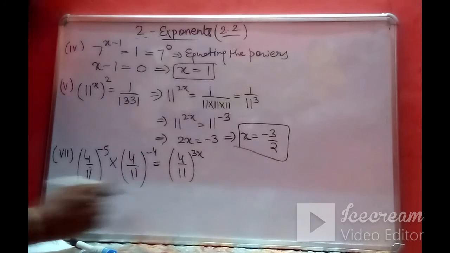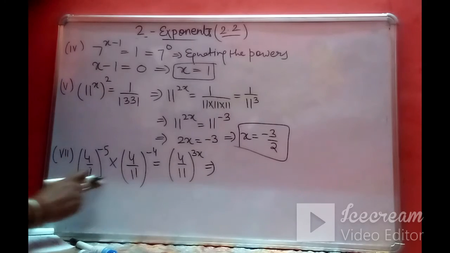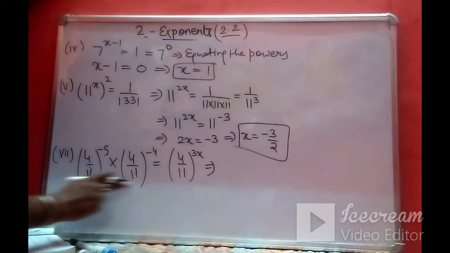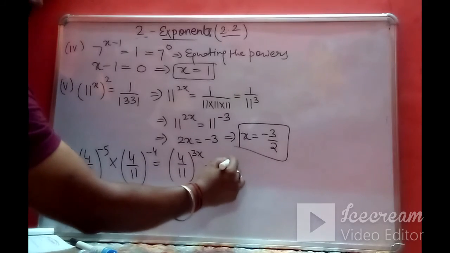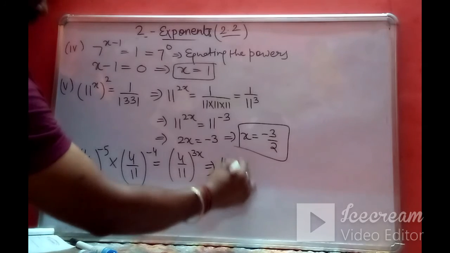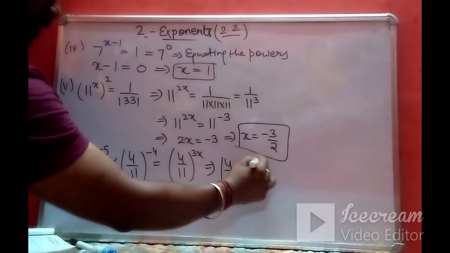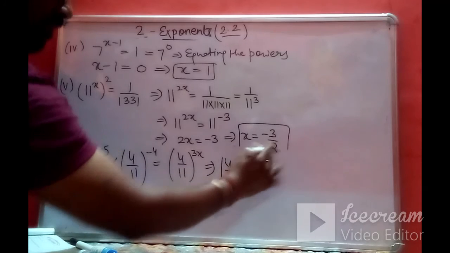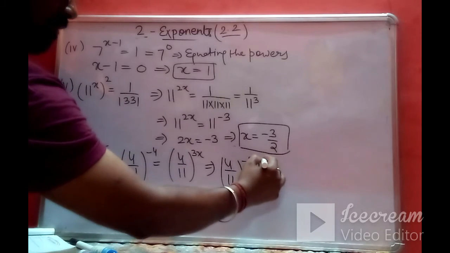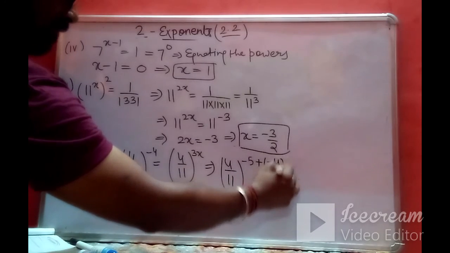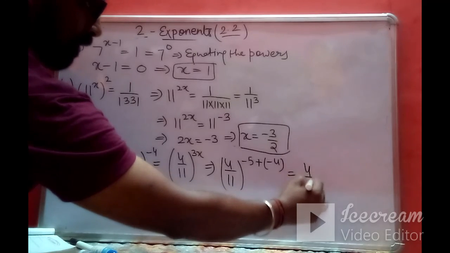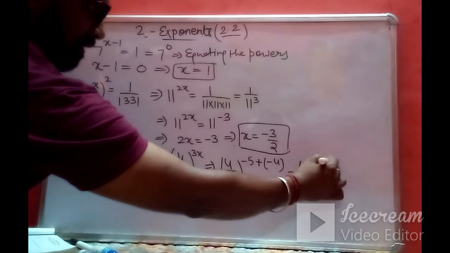So what we will do? First of all, here the bases are same, so we will add the powers. Minus 5 plus minus 4 equal to 4 upon 11 to the power 3x.